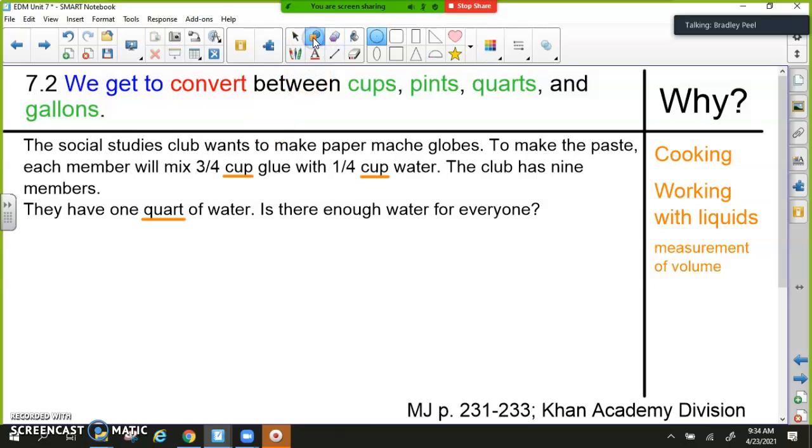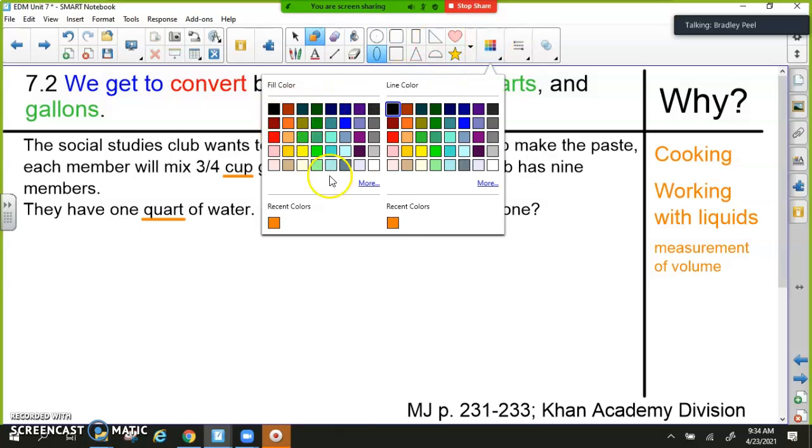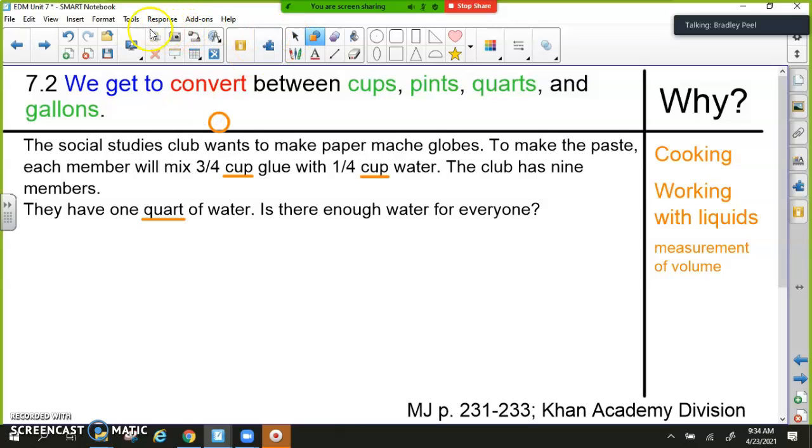The other thing I'm noticing here as well, and I'll circle this, is that what's being asked is how much water is involved. So how much water is involved? And this idea of the amount of glue is not really necessary. Is everybody okay with that idea?